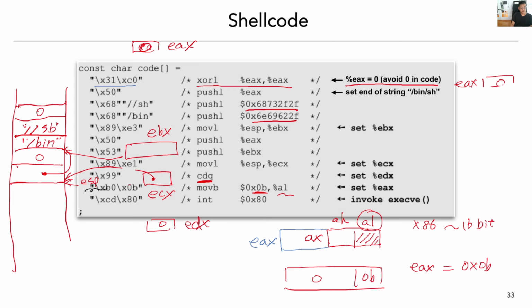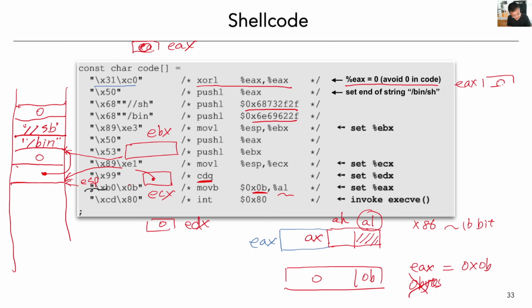The reason we need to set the EAX register in 2 steps is to avoid 0 bytes in the shellcode.